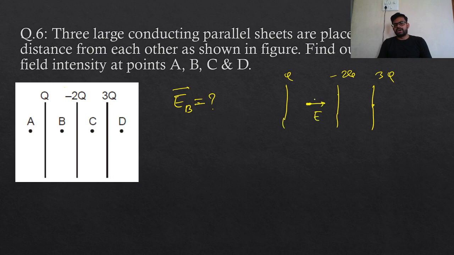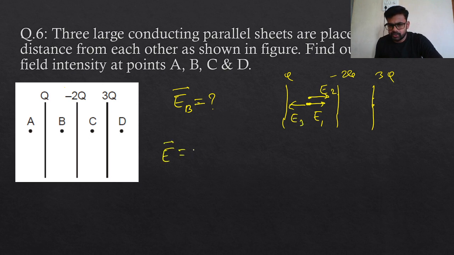Because of negative charge, it is towards the plate, so E2 will be in this direction. E3, because of 3Q charge, is away from the plate, so it will be in this direction. How will you write? E will be equal to what? E1 plus E2 minus E3.